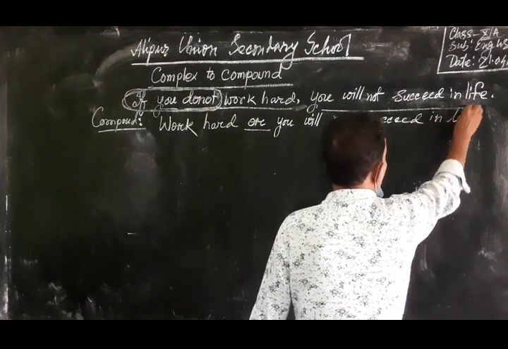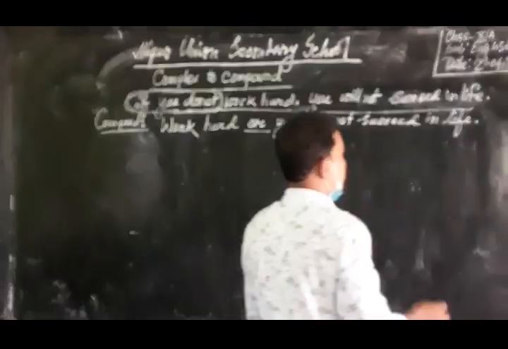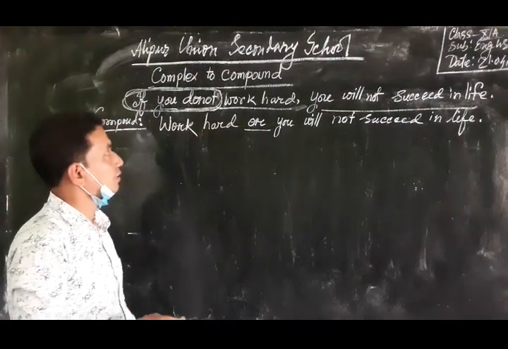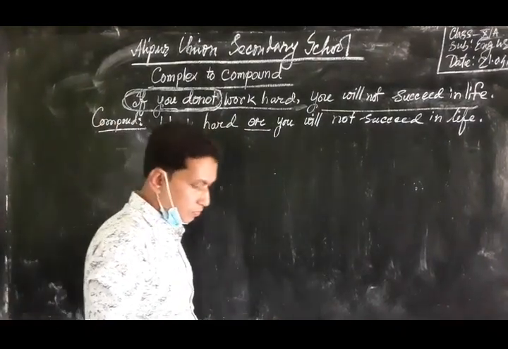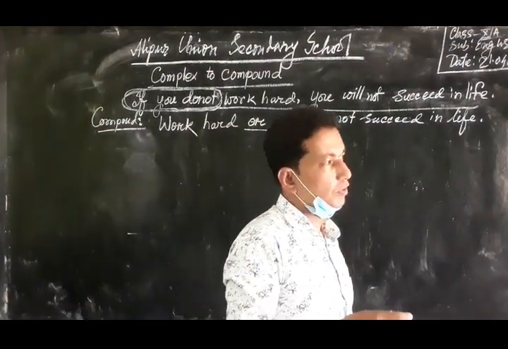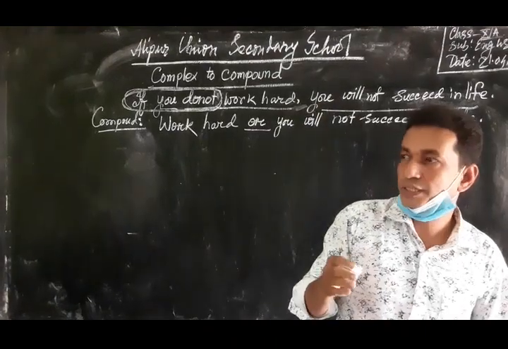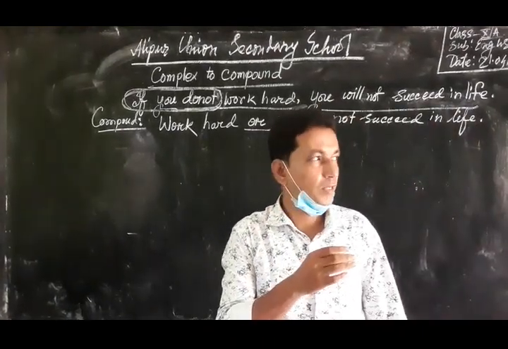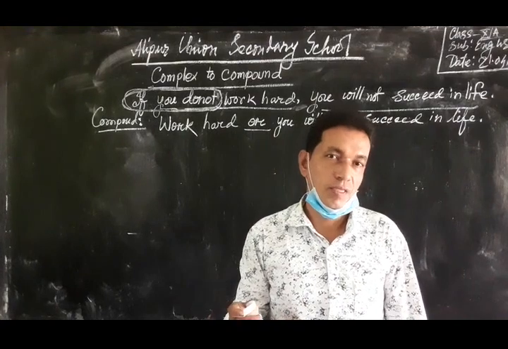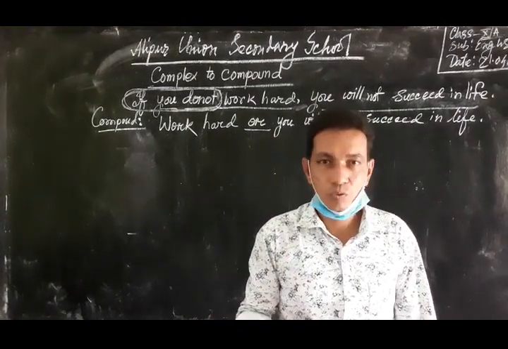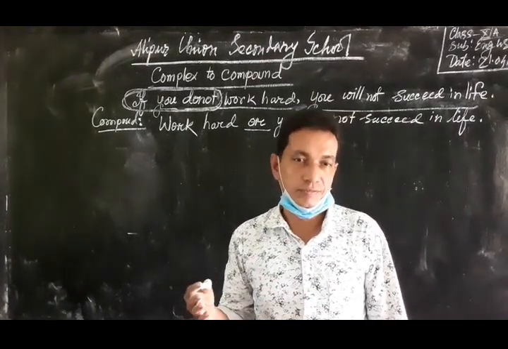So, dear learners, we have seen that there are two rules of if conjunction. The first rule is if indicates affirmative sense or positive sense, and in the second rule, if indicates negative sense.